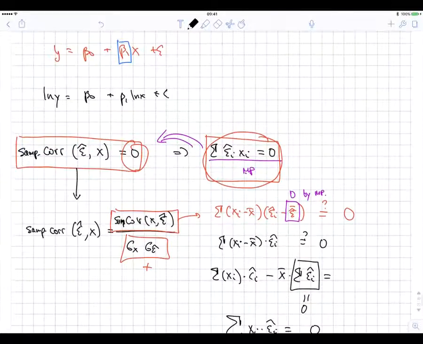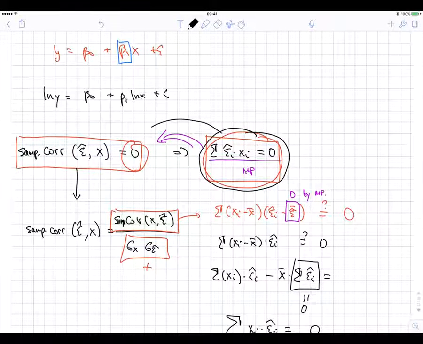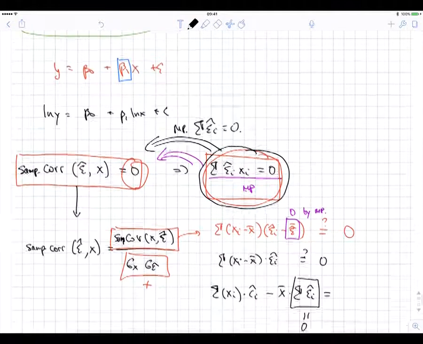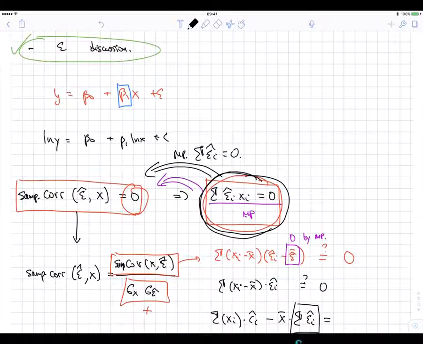So note, this in itself doesn't guarantee that this will happen. You also need the additional mechanical property, which will always hold, that the sum of epsilon i hat will also be equal to 0. So by having those two things together, you can prove that this mechanical property implies that the sample correlation between epsilon hat and x will also be equal to 0.